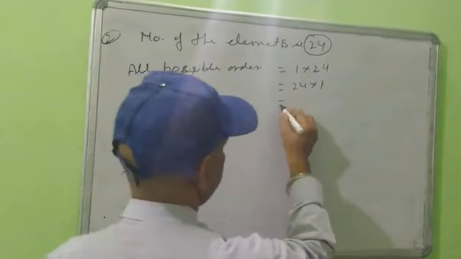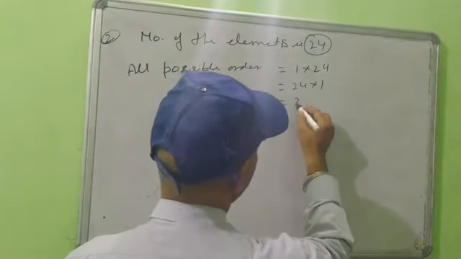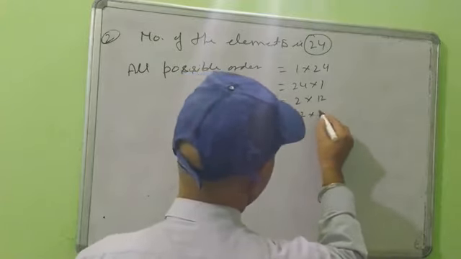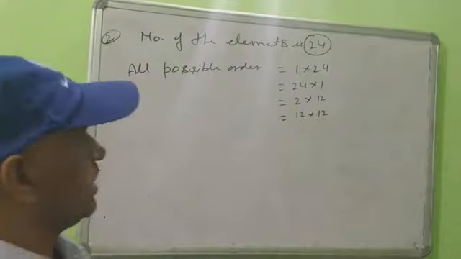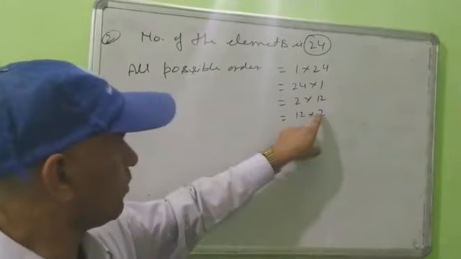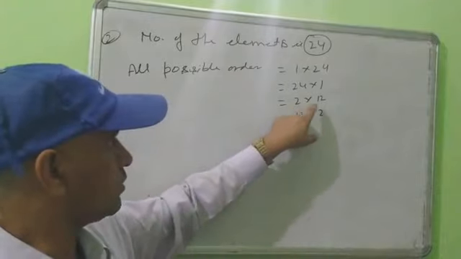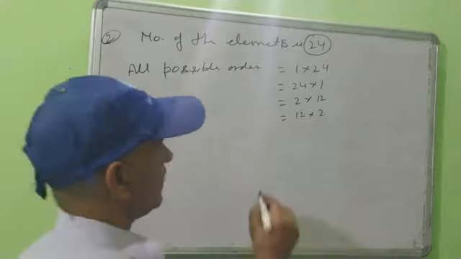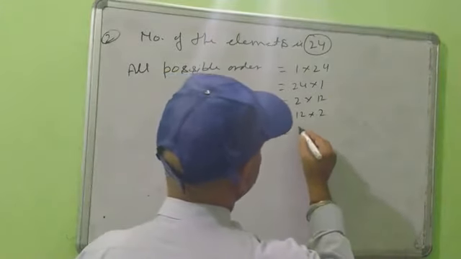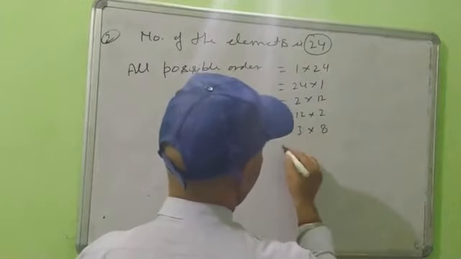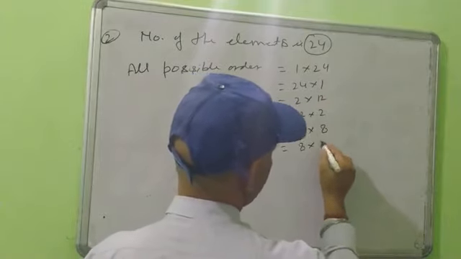Third, you can multiply 2 into 12, and second, 12 into 2 also. Next order is 3 into 8, because 3 times 8 is 24, and next 8 into 3 also.